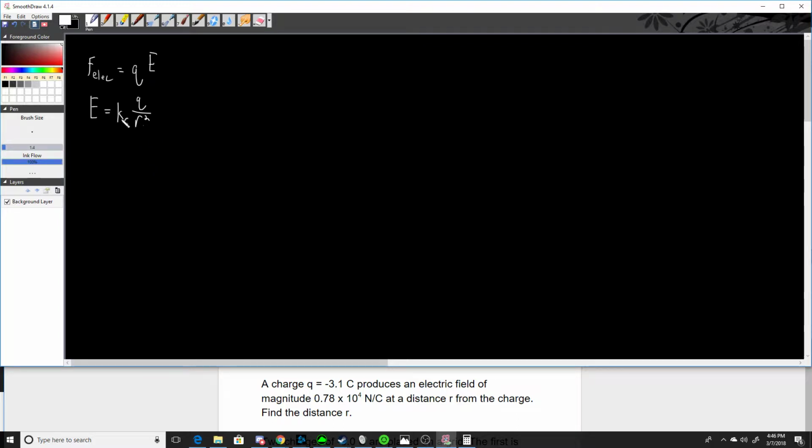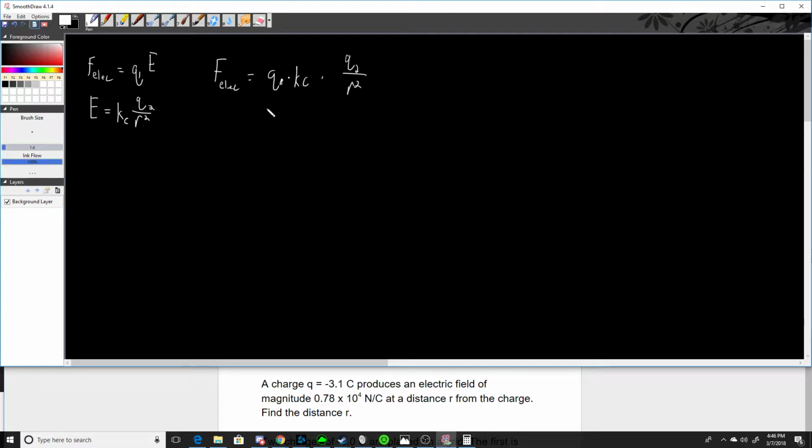Like if I substitute this in for E, I would get that the electric force is equal to, I'm going to call that Q1 and I'm going to call that Q2, okay? So I've got Q1 times Kc times Q2 over r squared.